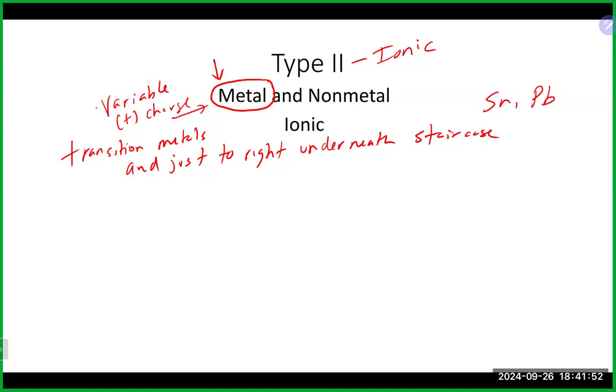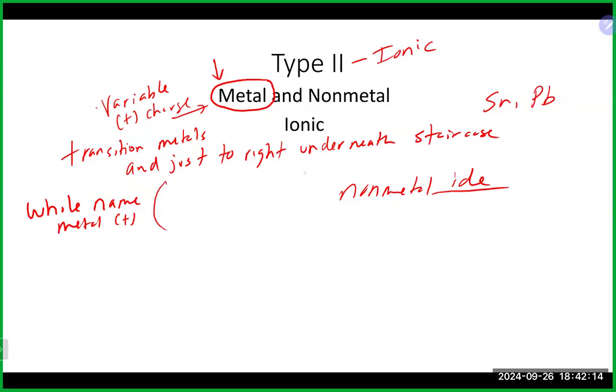So what is the deal with these? We name these very similar to how we name type 1. We use the whole name of the metal, our positive guy. We still roll with the non-metal name that we drop the last part and put the IDE. The additional thing that we put between the two are Roman numerals.